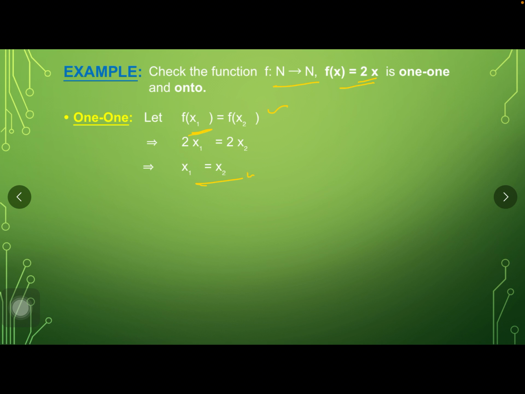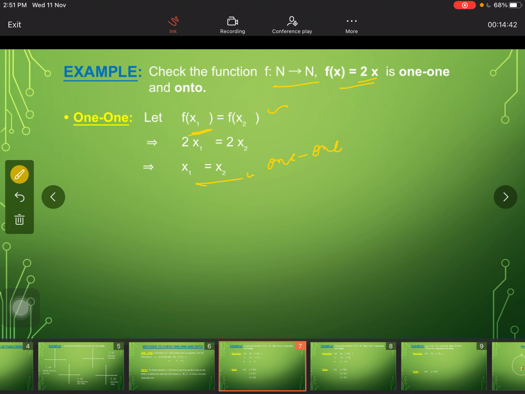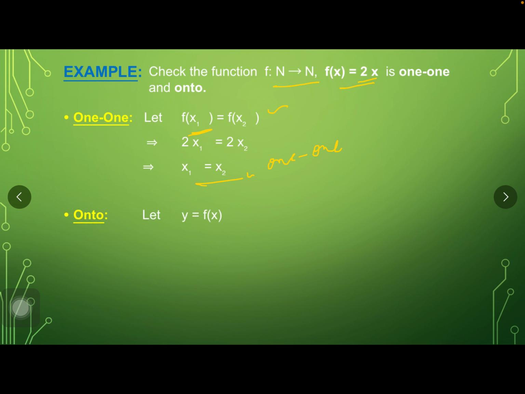We put x1, so it is 2x1 equal to 2x2. Now from this we get x1 equal to x2. So we consider f(x1) equal to f(x2) and we get that x1 equal to x2, so we say that our function is the one-one function.